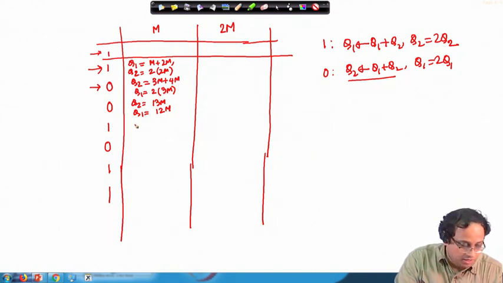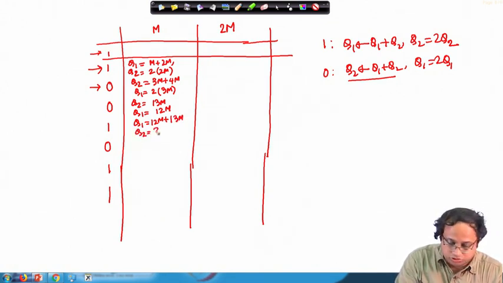Now the next bit is 1. So I get Q1 as 12m plus 13m. I am adding in Q1 and doing a double in Q2, so this becomes 2 into 13m. Again I get 0, so I add in Q2. So Q2 becomes 25m plus 26m, and Q1 is equal to 2 into 25m.